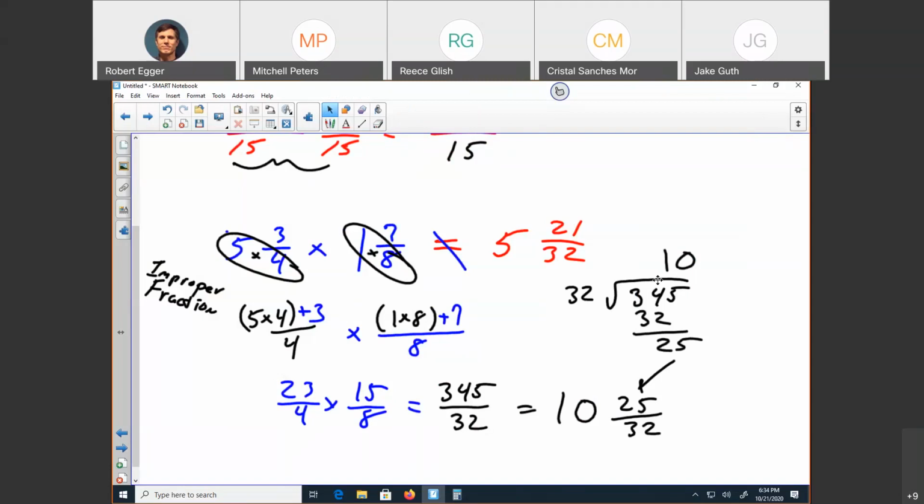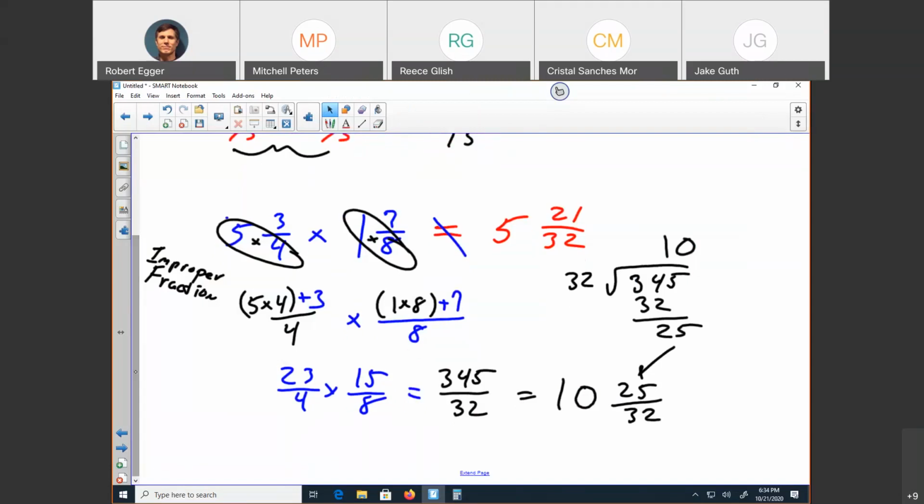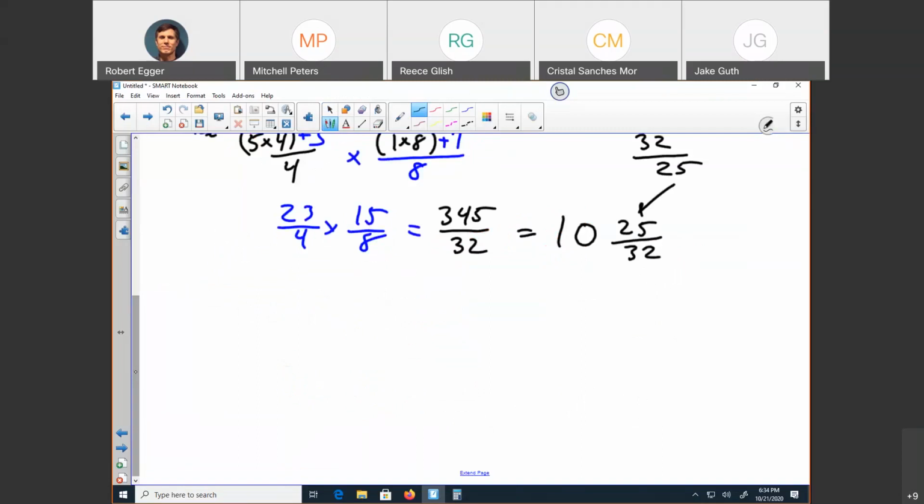And the only difference between multiplication and division is one little step. 23/6 divided by 12/5.